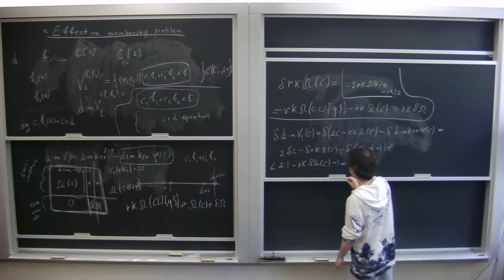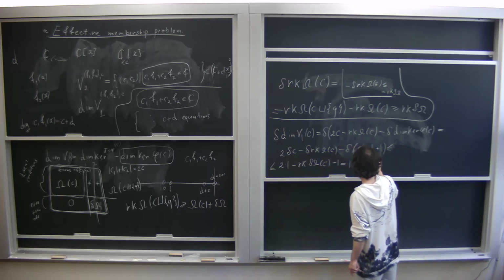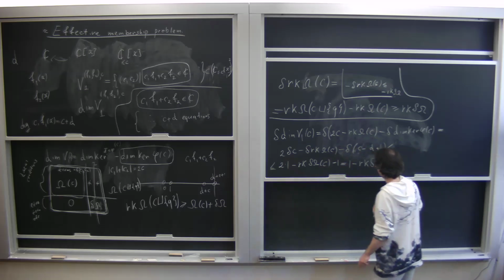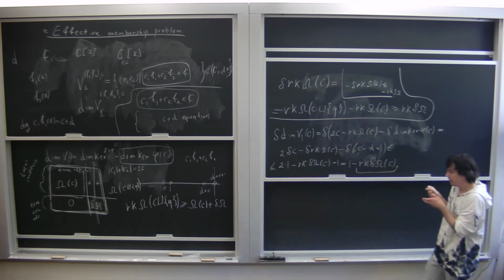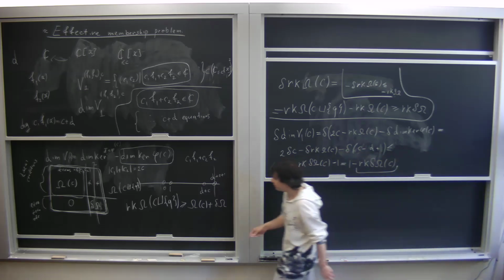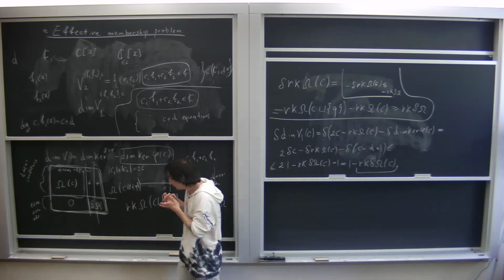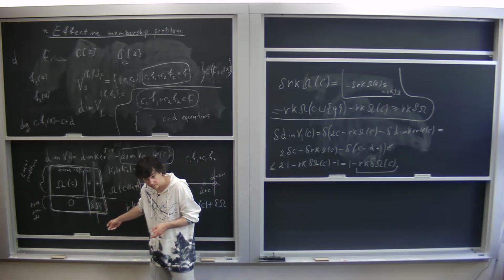So in the end, we will have 2 minus 1, which is 1, minus rank of delta omega of C. And this term is going to be much easier to study than the entire matrix because we know all the dimensions and all the coefficients of delta omega, isn't it?